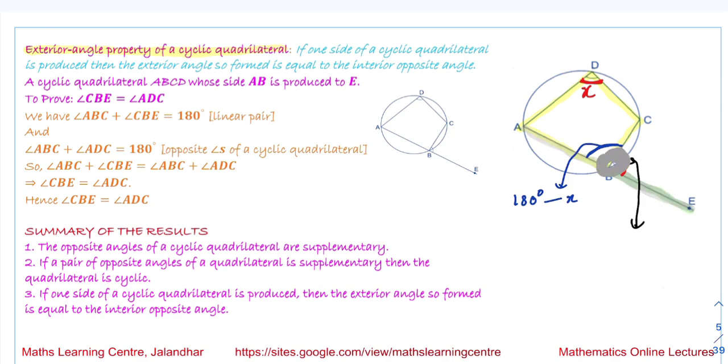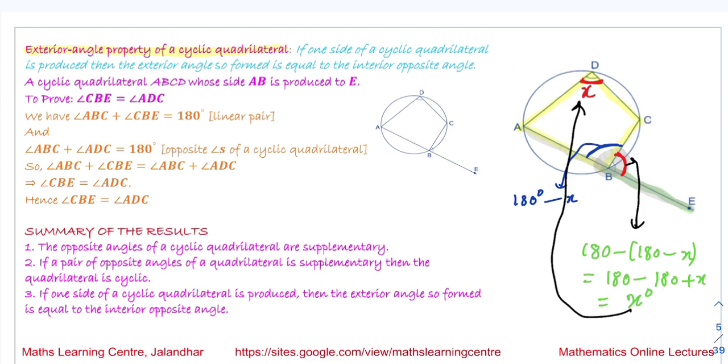So these two angles form a linear pair. So the value of this angle will be 180 minus (180 minus x), that is equal to 180 minus 180 plus x, that is equal to x degrees. So both these angles are equal to each other.